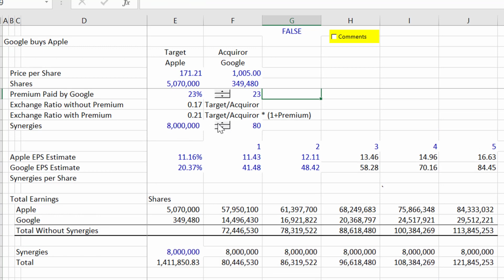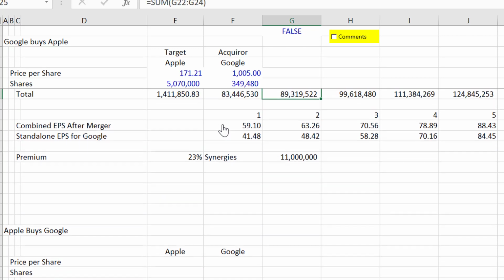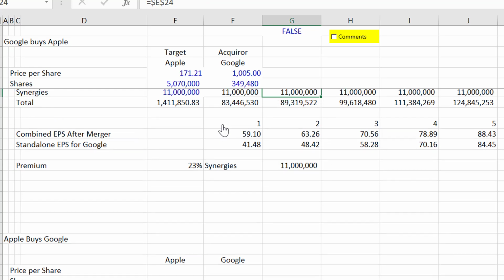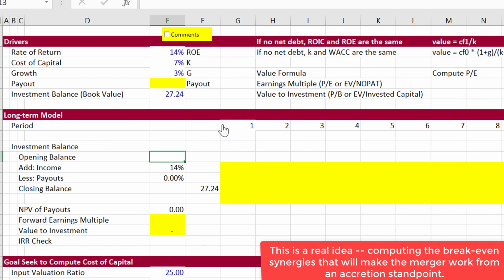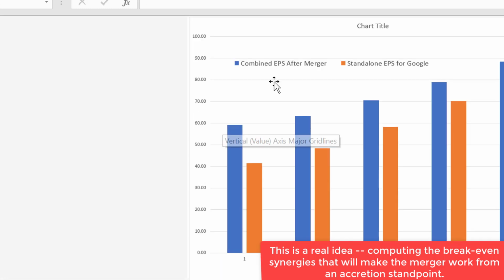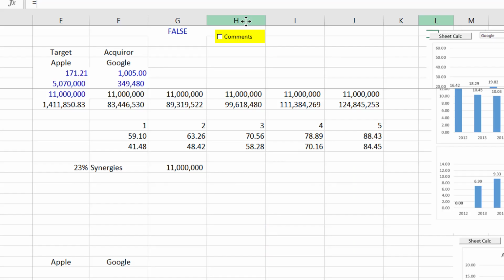Okay, so that's whatever, they're probably billions or something. And so if we get this many synergies, we can see what happens. Now, then we get an accretion if we have the synergies. And this is, again, kind of showing you how to compute break-even synergies in this accretion and dilution example.